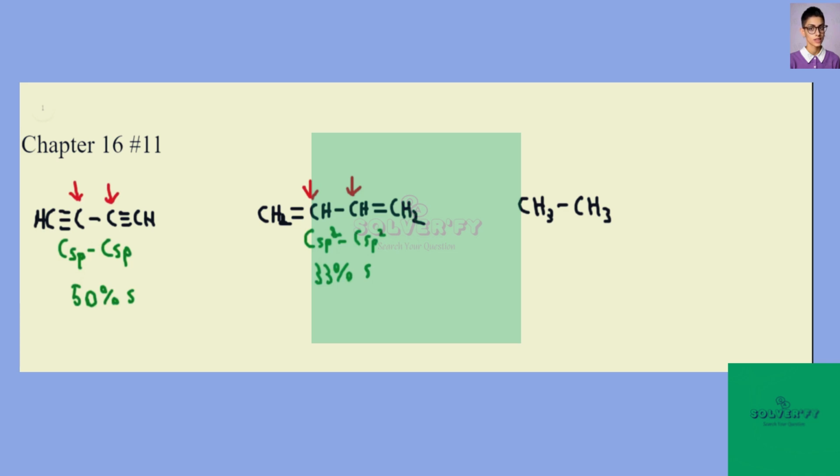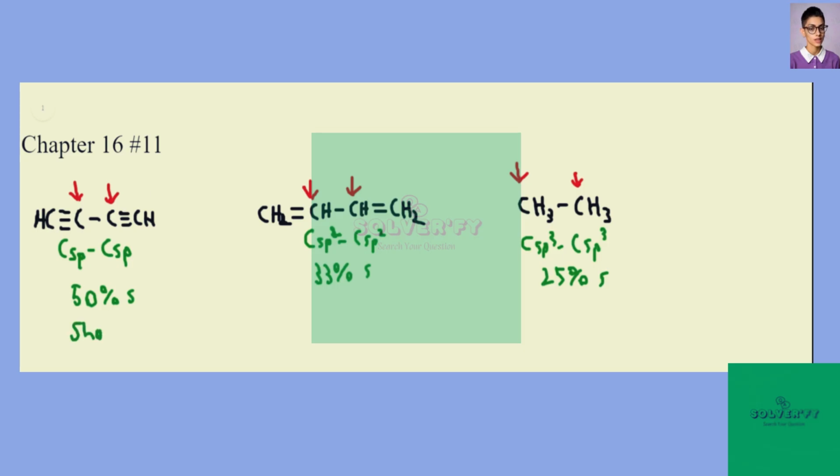However, when we look at the third molecule here, the ethane, we're talking about two sp3 carbons bound together. So sp3 bound to a C sp3. And so there's only going to be 25% S character here. And so what that means is that we can now rank these in order.